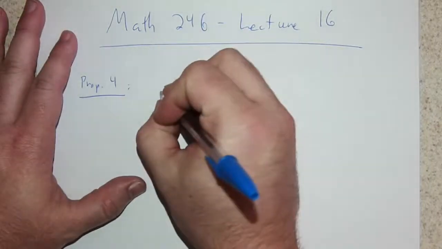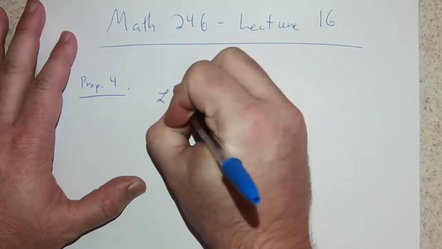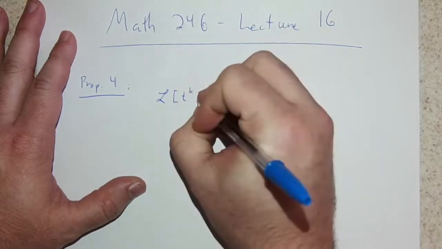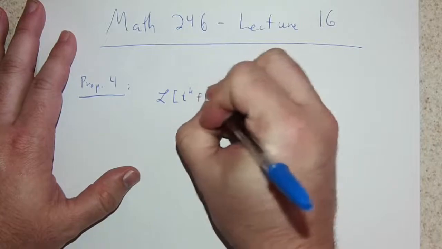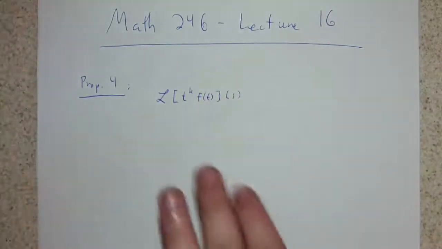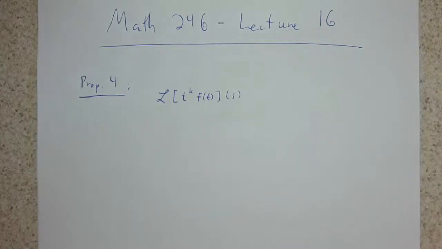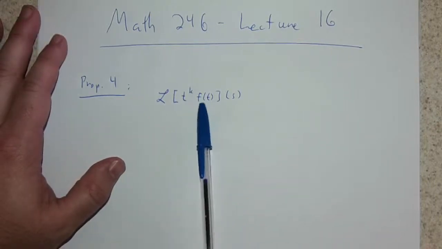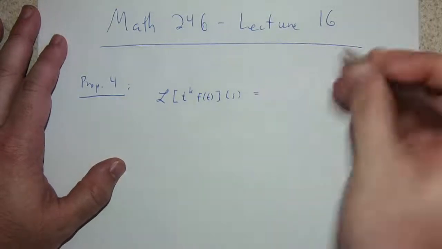If I take the Laplace transform of t to the k times some function f of t, and we're going to assume all the regularity required is okay, what is this?